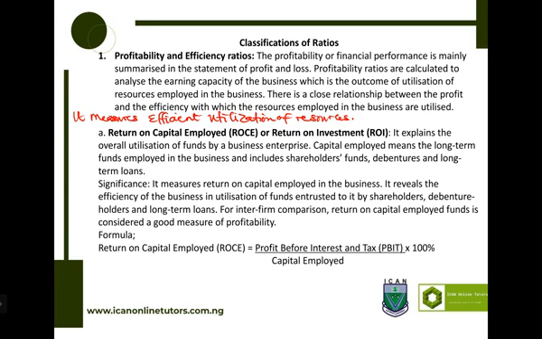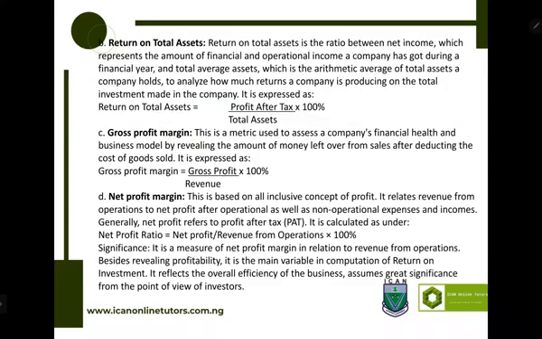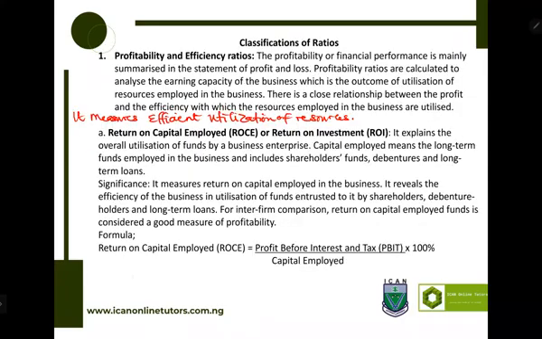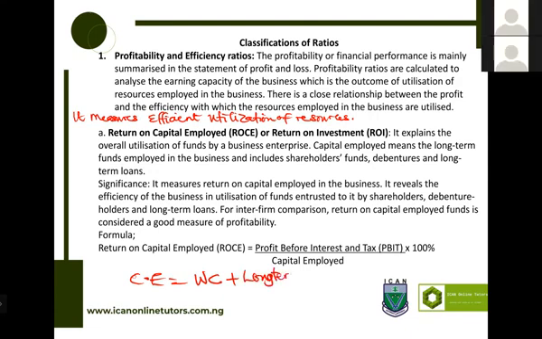Is that taking? So our ROCE is profit before interest and tax over what? Capital employed. Your capital employed is equal to your working capital plus your what? Long-term liabilities or long-term loan.